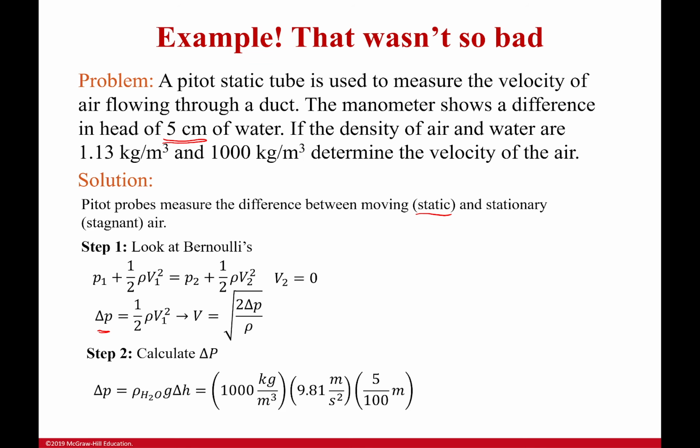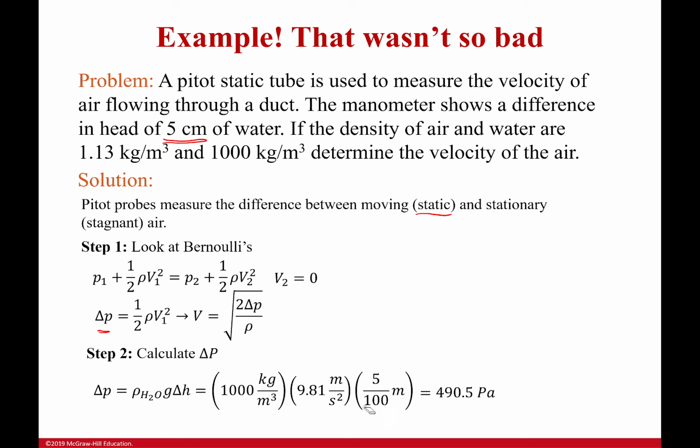So I can plug that in here. So hydrostatic pressure is simply density times gravity times height. And so my change in pressure is going to be equal to 490.5 pascals. That's the density of water times gravity times its height. And notice I did change it to meters because everything else was in meters. So 5 centimeters is 5 over 100 meters.